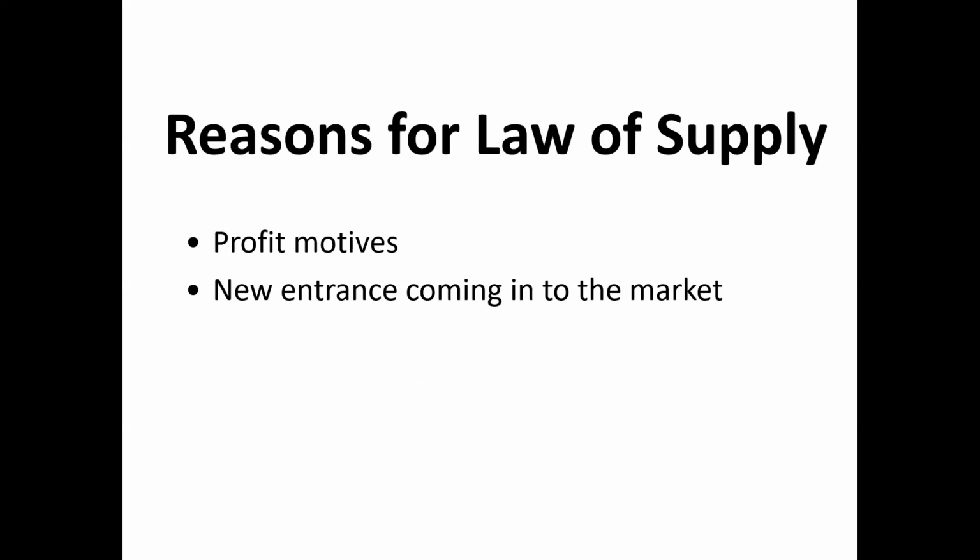Likewise, we need to know the reasons why there's a positive relationship between price and supply. When price increases, why does supply increase? Because organizations have a profit motive. If they can earn more profit when price increases, we can have more income.